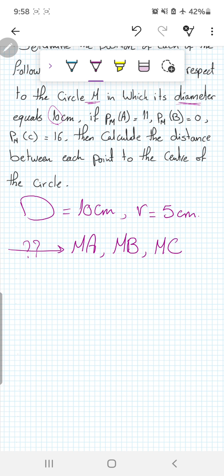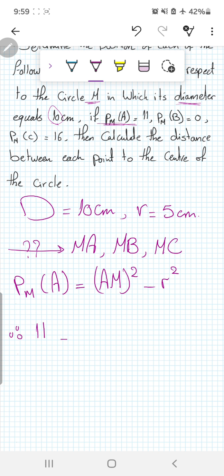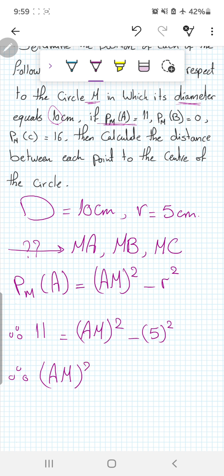First we have a rule. As we said, the power of point A equals AM squared minus R squared. Here the power of point A is 11, so by substitution 11 equals AM squared minus 5 squared. So AM squared equals 11 plus 25, so the result will be 36.